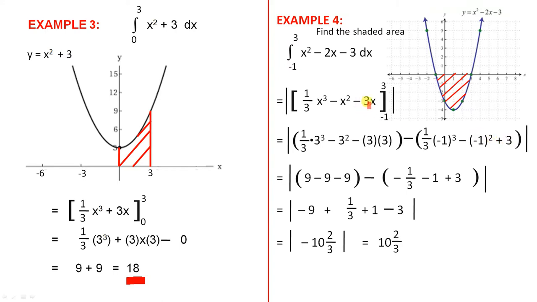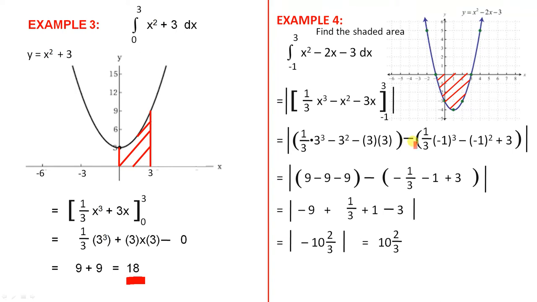That'll be minus 3 times minus 1. When we substitute the 1 in, that gives us plus 3. Remember, it's still the absolute value. A third times 3 cubed is a third of 27, which is 9. Minus 3 squared, which is 9. Minus 3 times 3, which is 9. Here's our minus sign there.